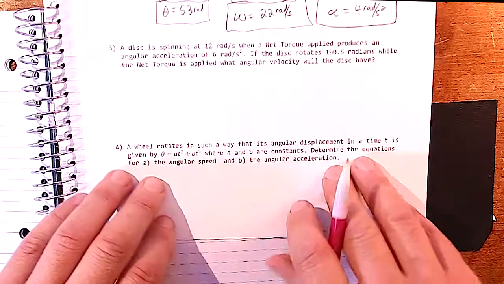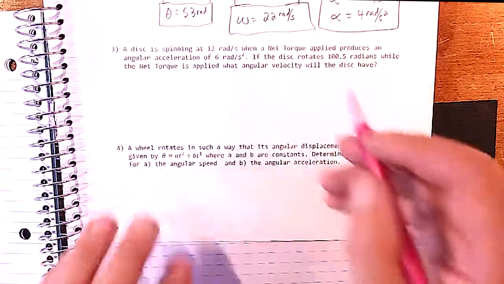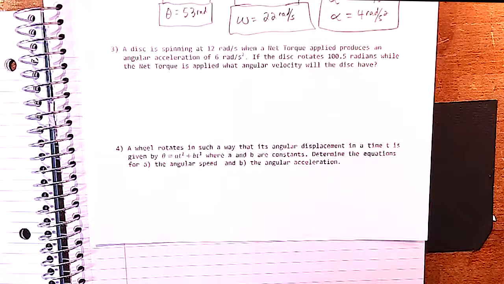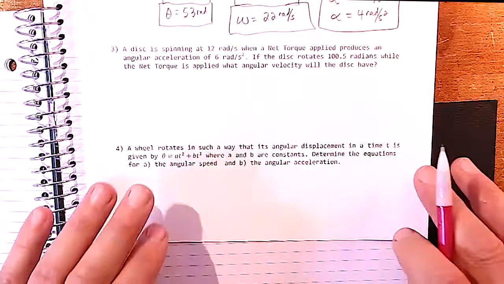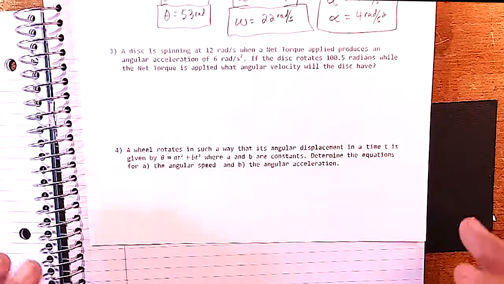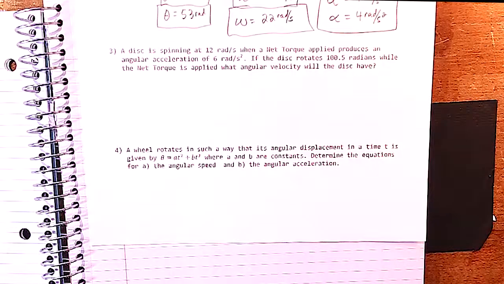Now, I haven't discussed net torque yet, but net torques are what make things angularly accelerate. A net force is what makes something linearly accelerate, or it can be centripetal, but a net torque is what's going to make something start to spin faster or slow it down.